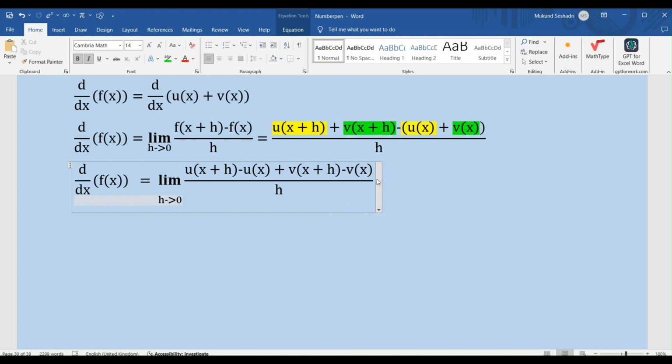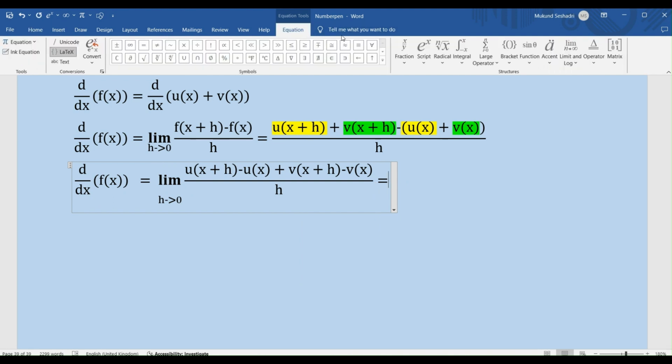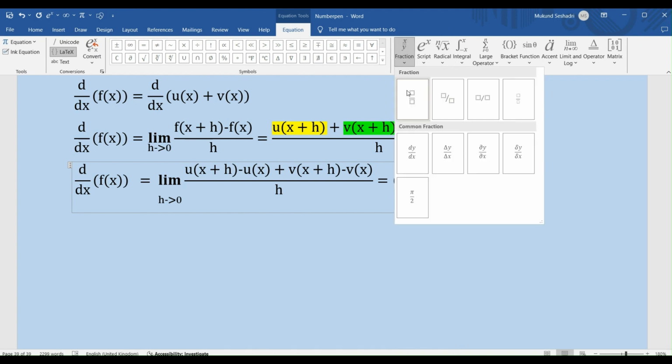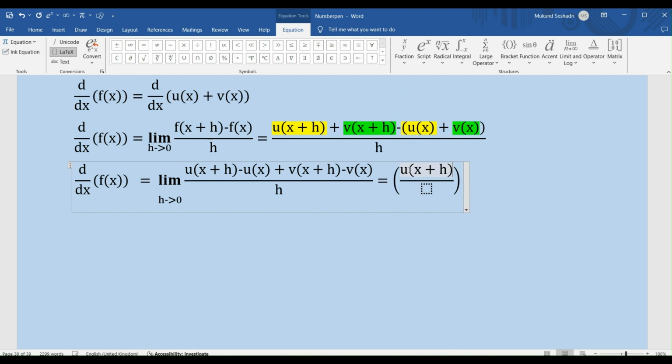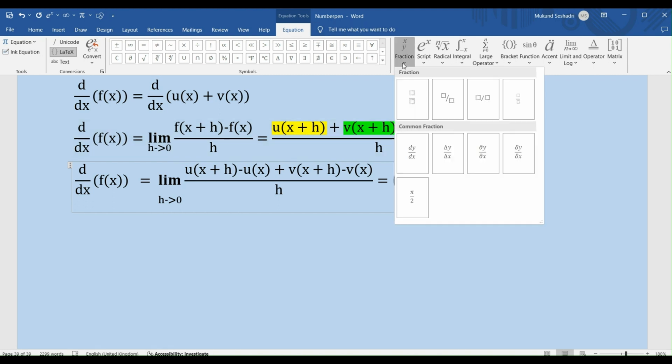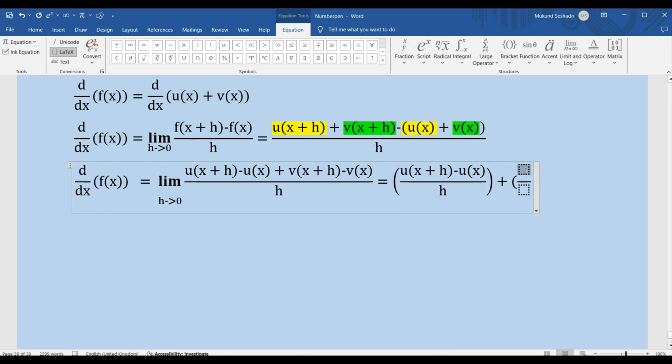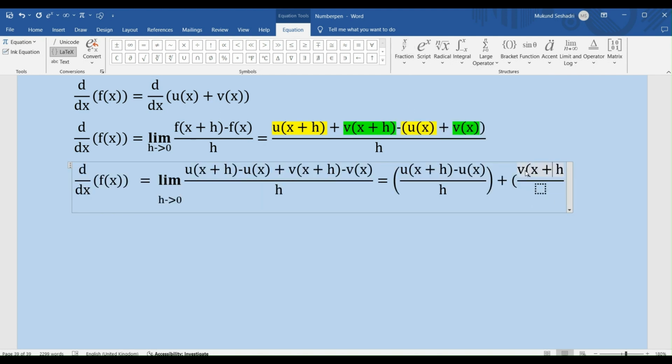And when I rearrange this, right, I can rewrite this as, I'm going to use my bracket again here, u of x plus h minus u of x divided by h plus v of x plus h minus v of x divided by h, right?